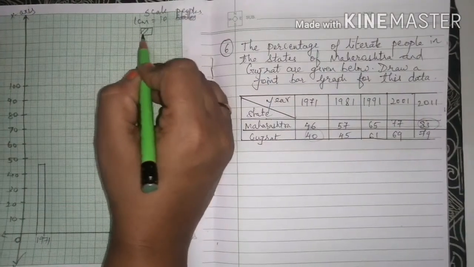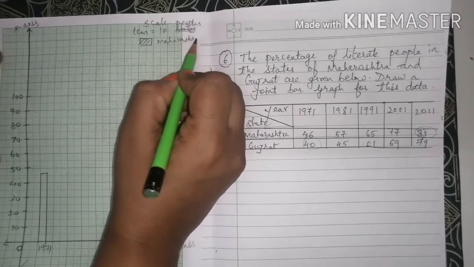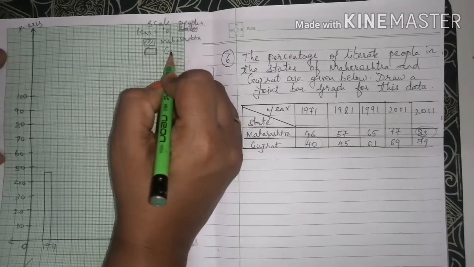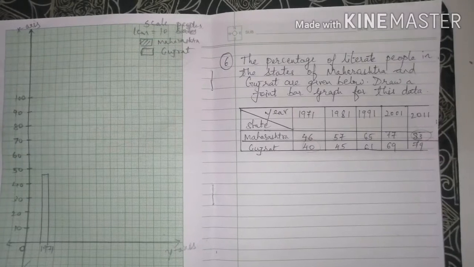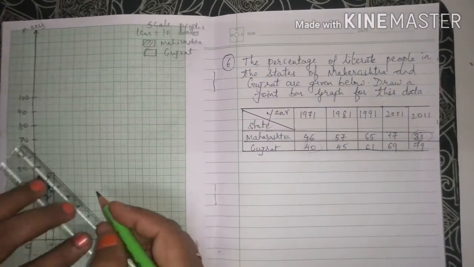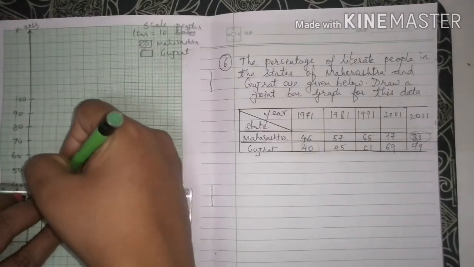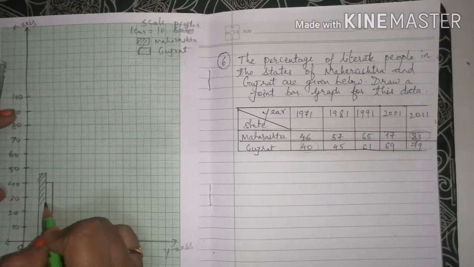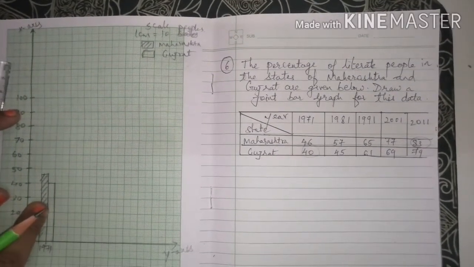This shaded one is Maharashtra state. And unshaded one is the Gujarat. In that Gujarat is 40. So this one is 40. Gujarat state.